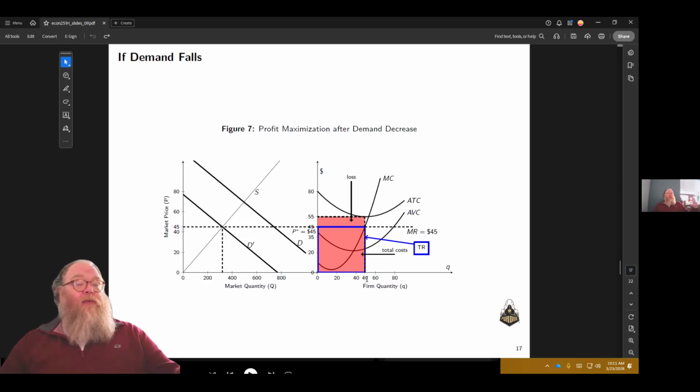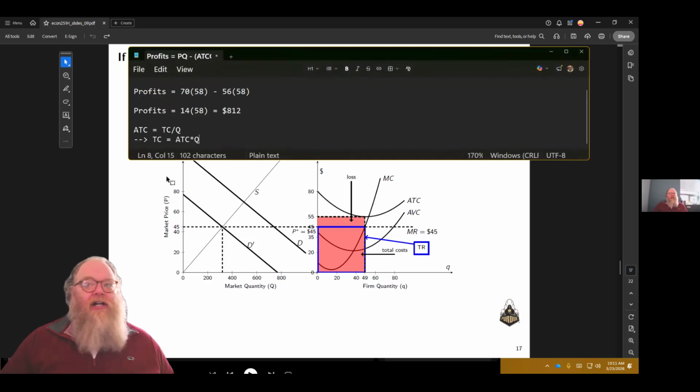So the market price fell to 45. As we would have predicted, the profit maximizing quantity for the firm has also declined in response to that decrease in market price. This is likely also going to change the firm's profits. So let's calculate the firm's profits after this particular price change.